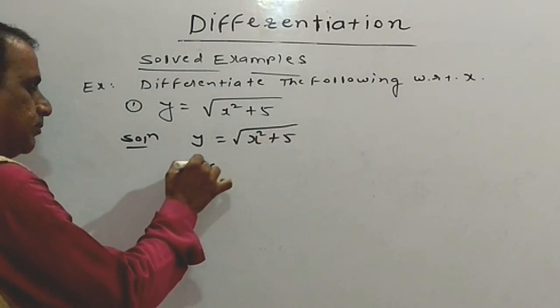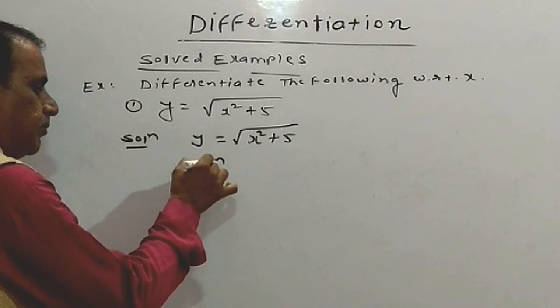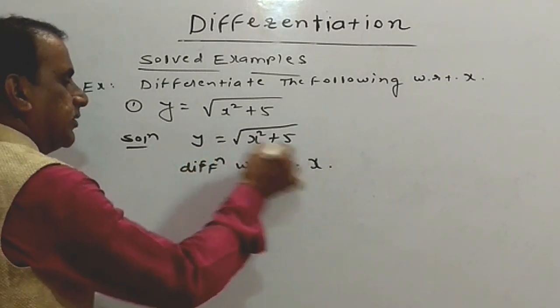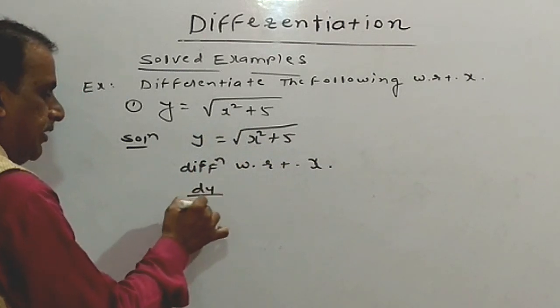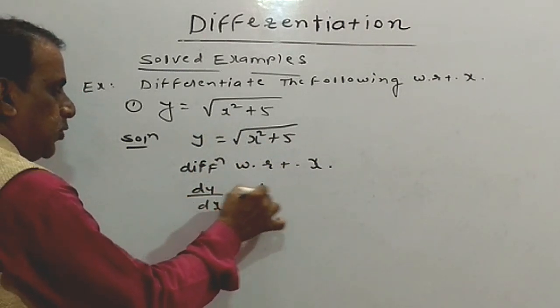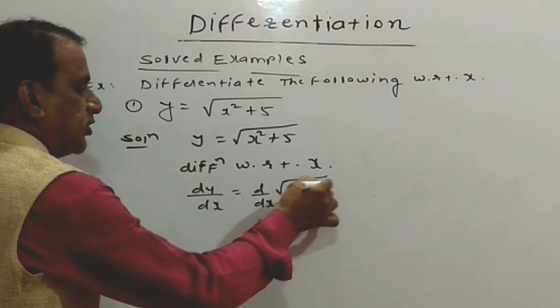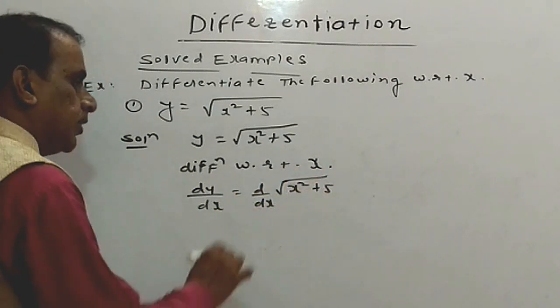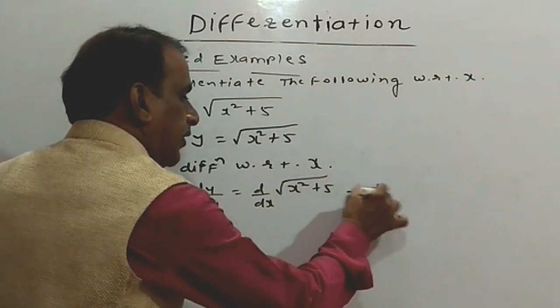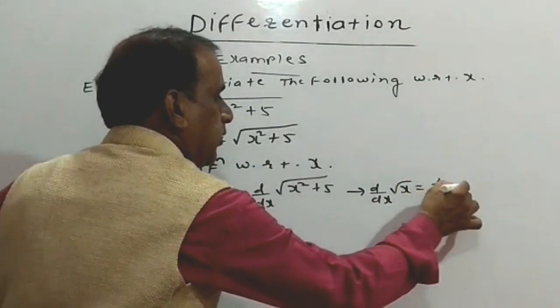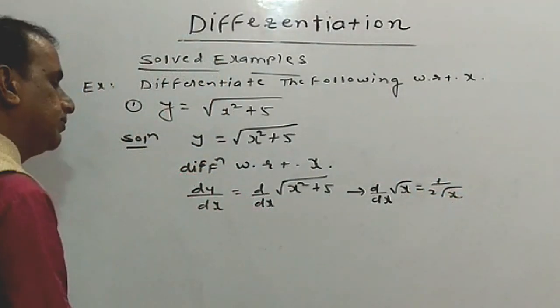Differentiate with respect to x means dy divided by dx is equal to derivative of square root x square plus 5. Apply this formula: derivative of square root x is equal to 1 divided by 2 into square root x.